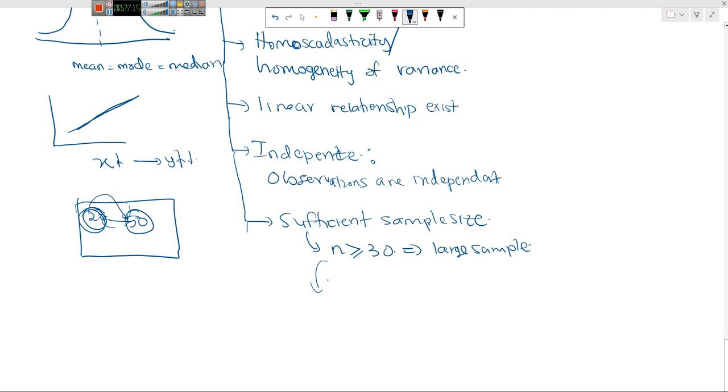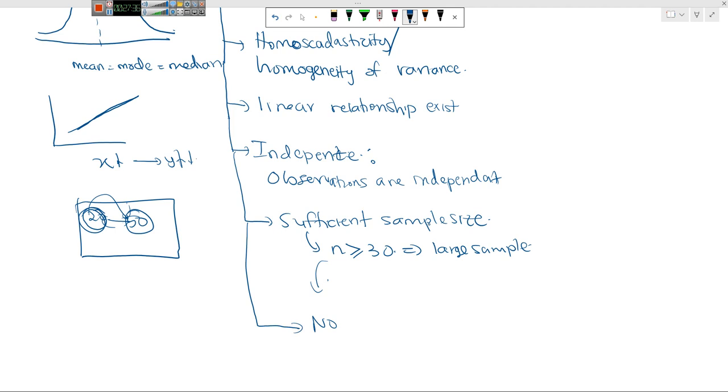Now the seventh one is no multicollinearity, right? Under multiple regression analysis, we studied about multicollinearity. If we have more than one independent variable, they are not highly correlated with each other, right?